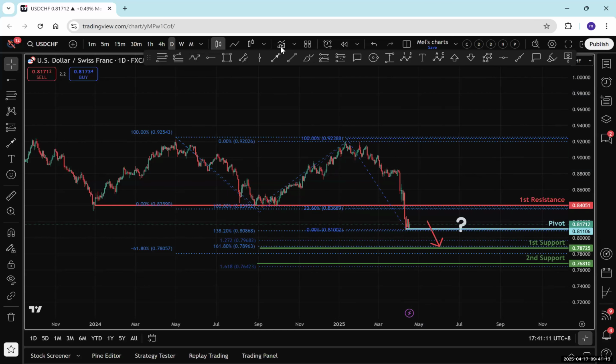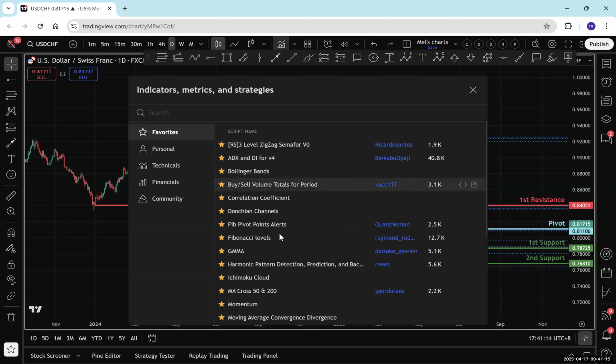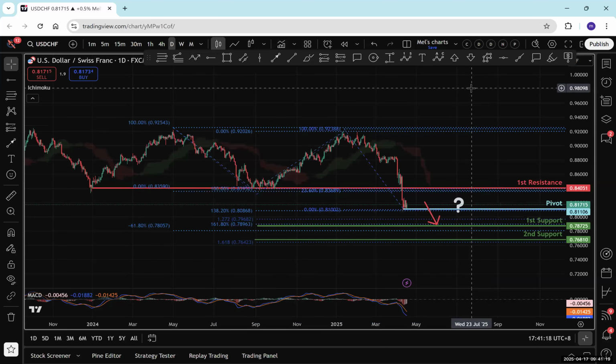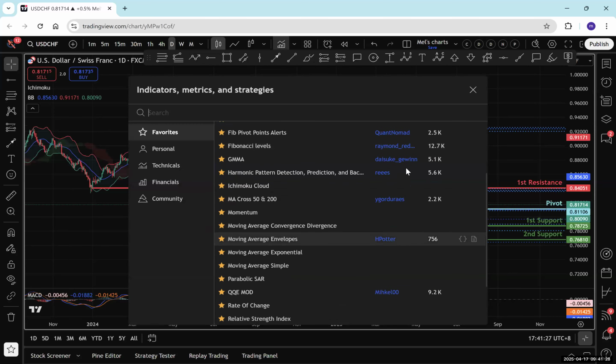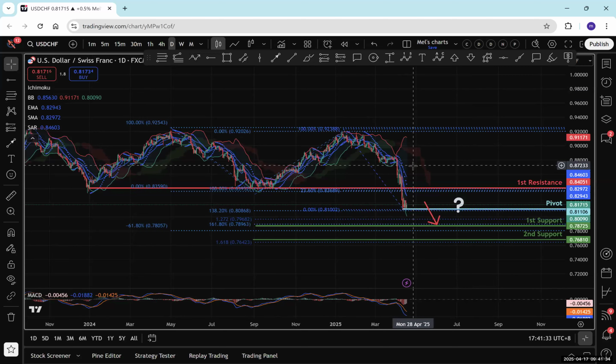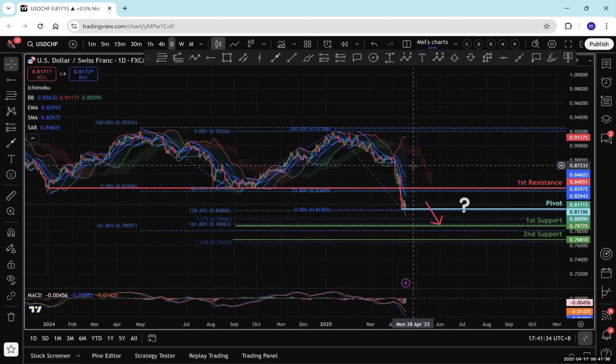Okay, and going in with our indicators again. Let's look at cloud and MACD. Prices moving below the cloud, so it's a bearish signal. MACD giving us a bearish signal as well. Bollinger Bands. Here you can see prices also pushing below the lower band.